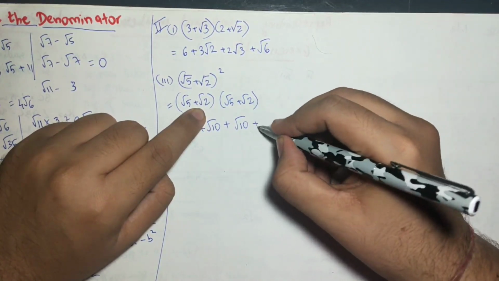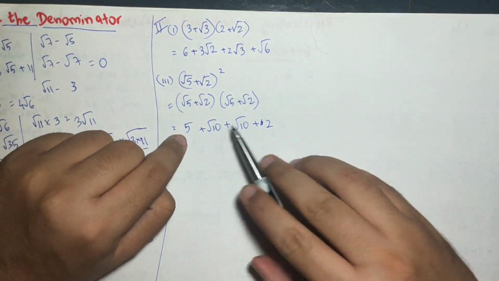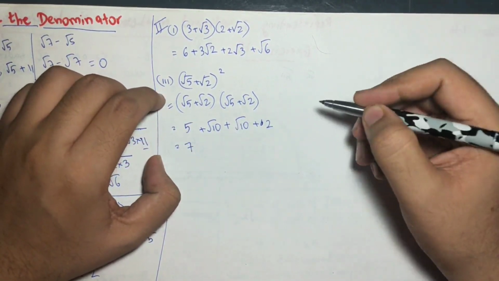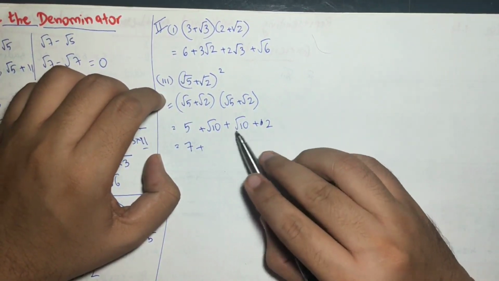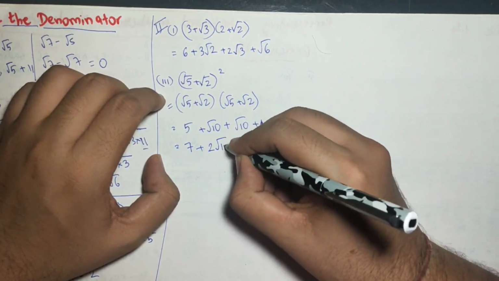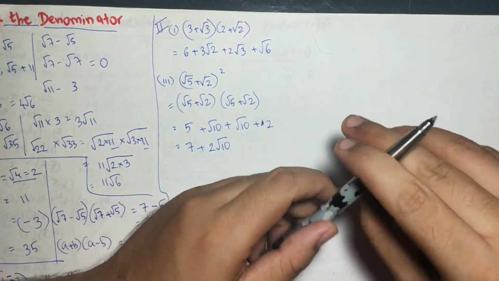Root 2 into root 2 is 2. Now as you can see, 5 and 2 are both rational numbers, so 5 plus 2 becomes 7. Plus root 10 plus root 10, they are like terms, so this will become 2 root 10. Now they cannot be added. This is your final answer.